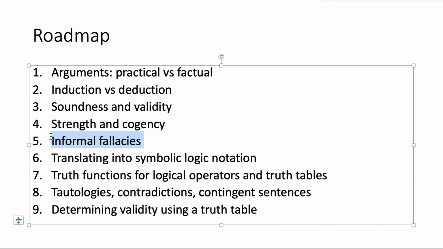Then we've got the informal fallacies section, and then translating into symbolic notation, and that's the first step towards building truth tables and using truth tables to determine what kind of sentence we have, tautology, contradiction, or contingency, and also whether we have a valid or invalid argument. And if you feel good about everything that's on this roadmap, then you're totally set to get 100% on the midterm.